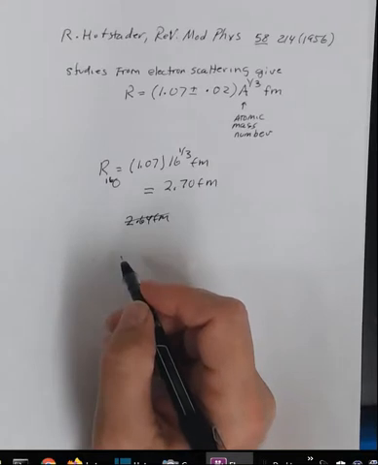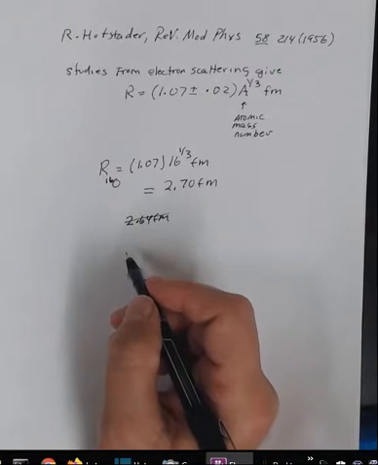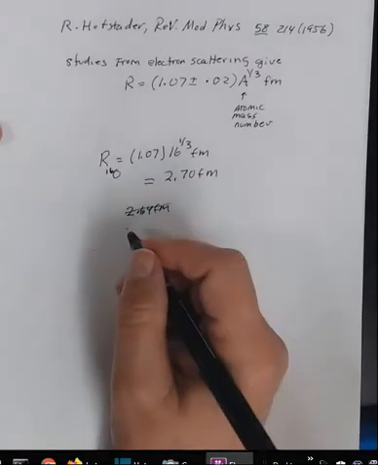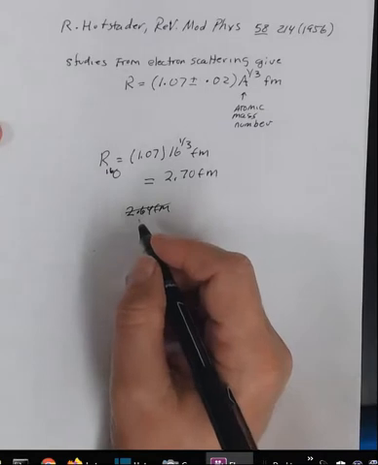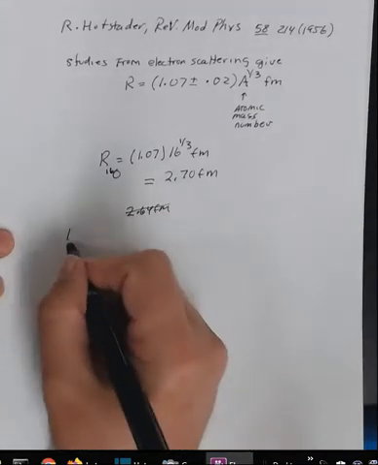Now, from beta decay studies, when they look at electrons being emitted due to beta decay, they get a slightly different formula.